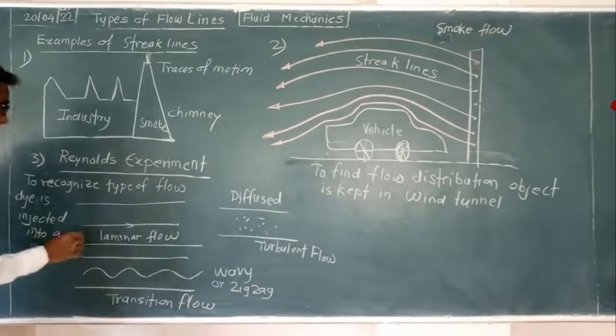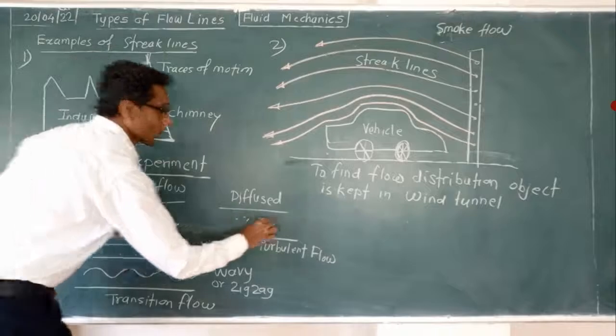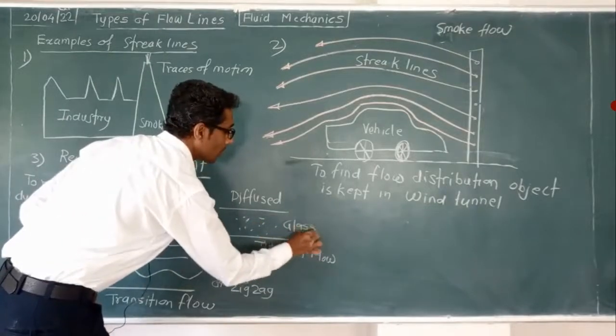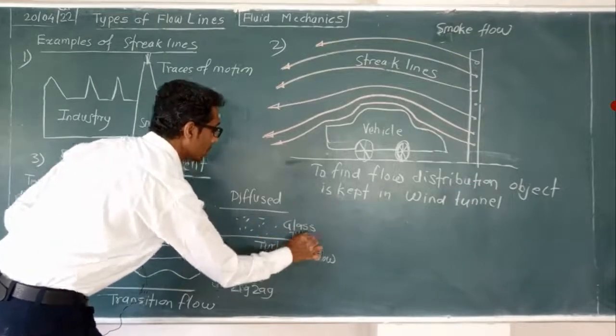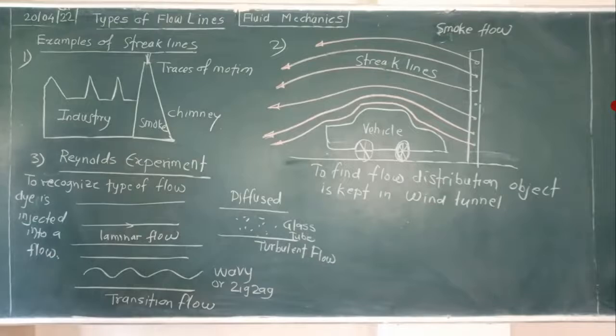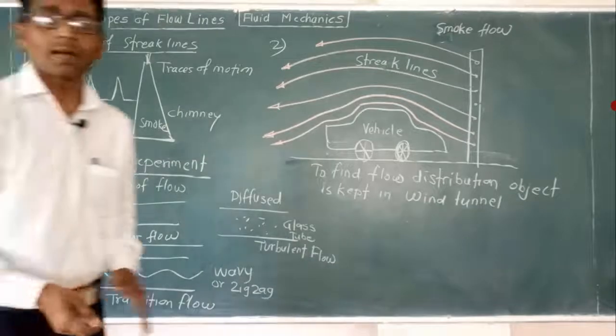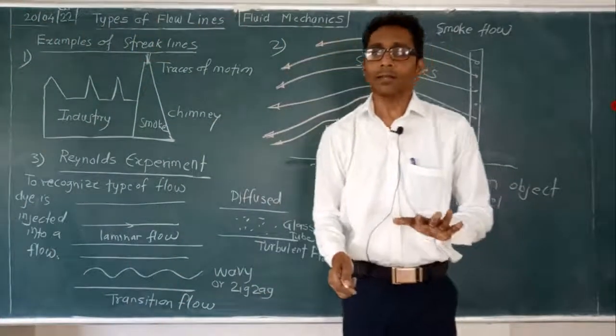And this is a glass tube. So these are some examples of streak line.